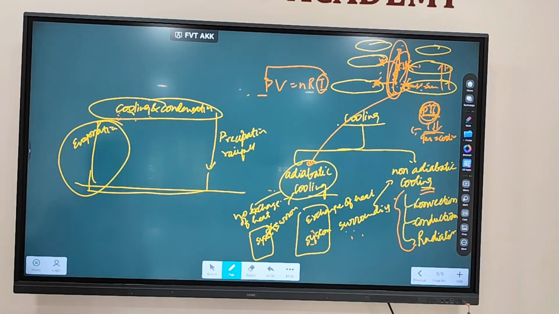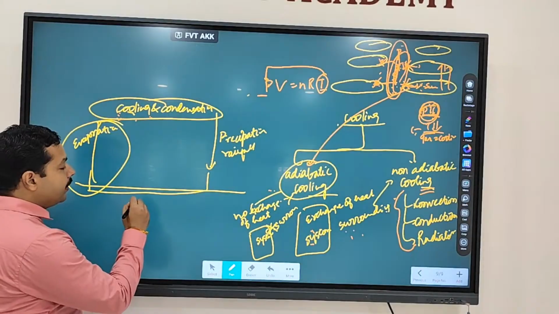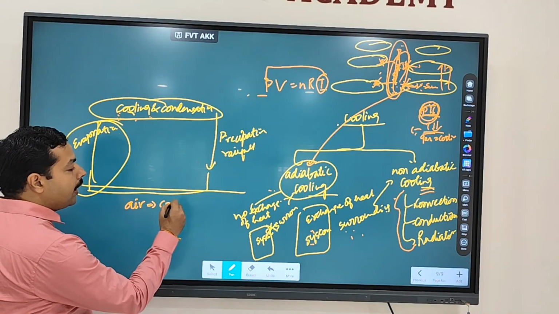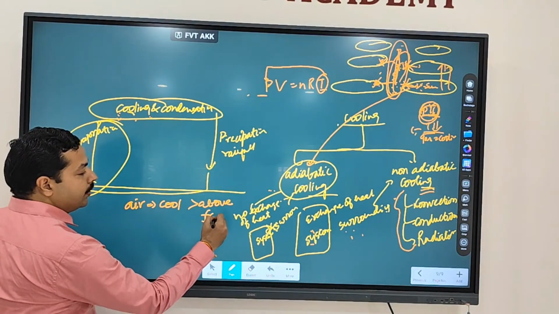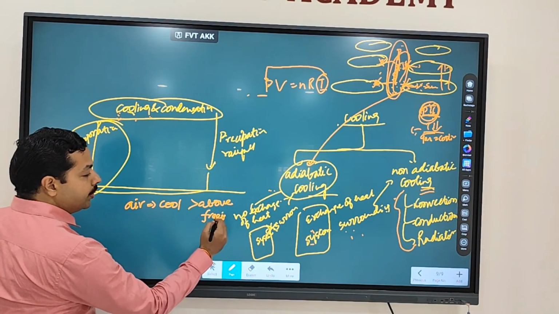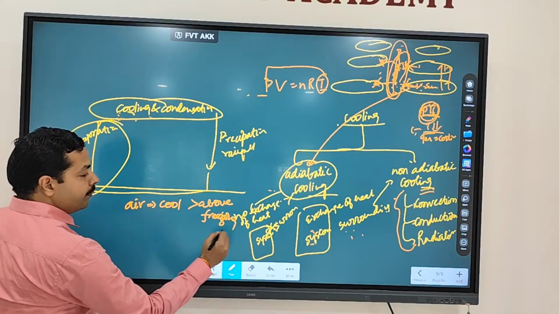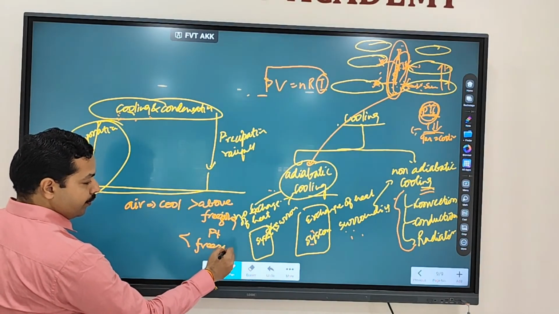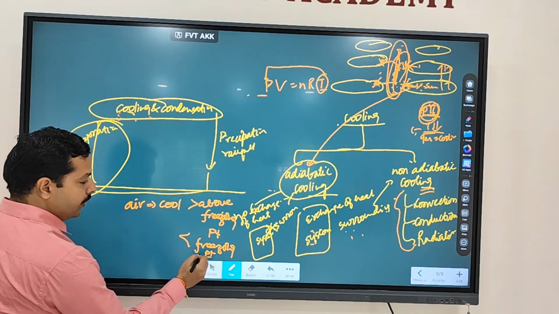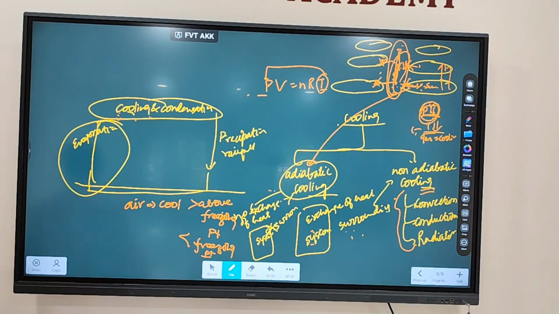Now, next thing, air can cool either above freezing point or below freezing point.